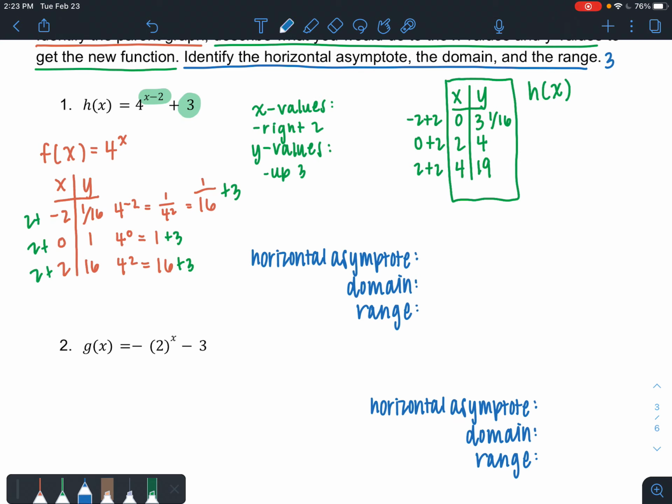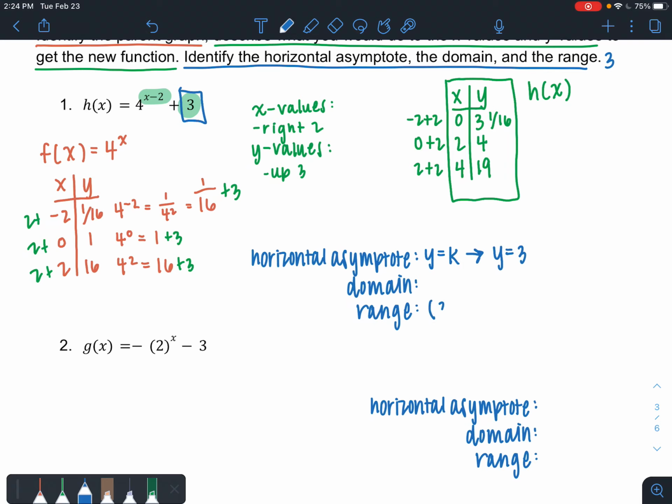Okay, and then finally we do want to identify the horizontal asymptote, the domain, and the range. So our horizontal asymptote is y equals k, so that is going to be y equals 3, that value right there. Then our domain is going to, let's start with our range.